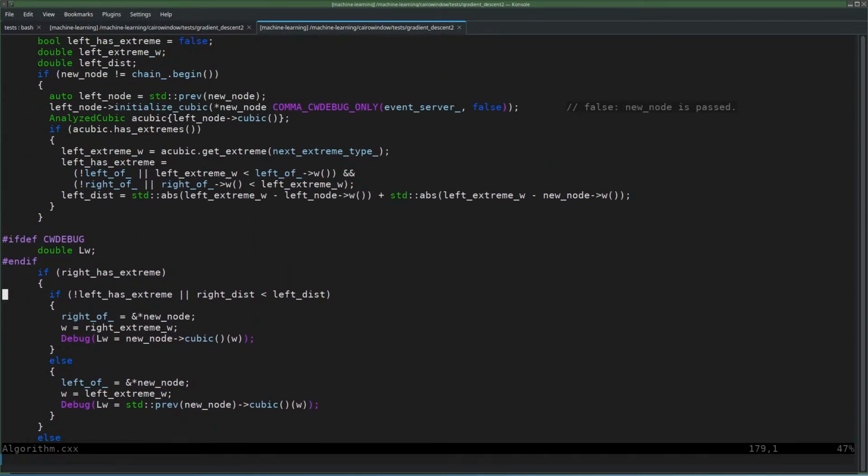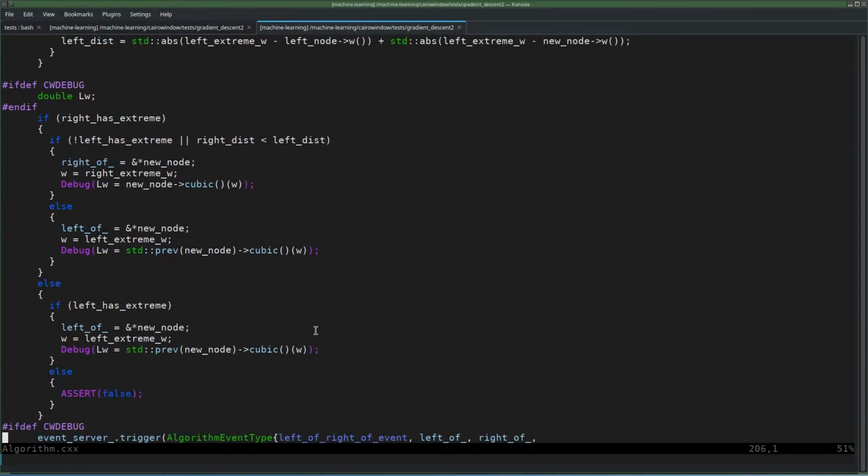I'm pretty sure that this was correct. So if right has an extreme, what does that mean? That means that the cubic through the new point and the point on the right has an extreme in the right region.